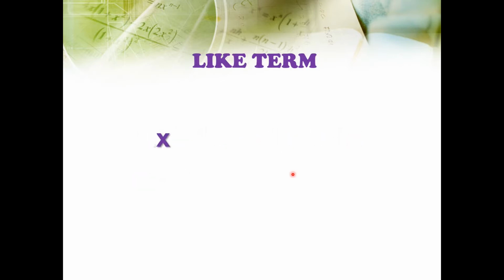Let's see another example. 2x added to 4x equals 6x. 2 plus 4 equals 6. So the variable is still x, not xy or x to the power of 2, just x. I hope you can understand this.